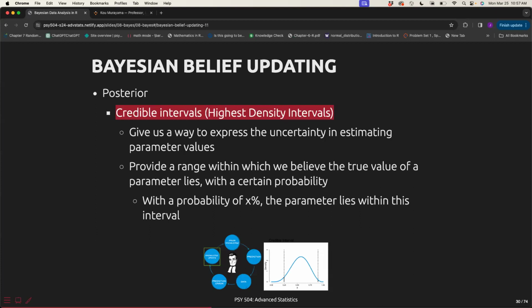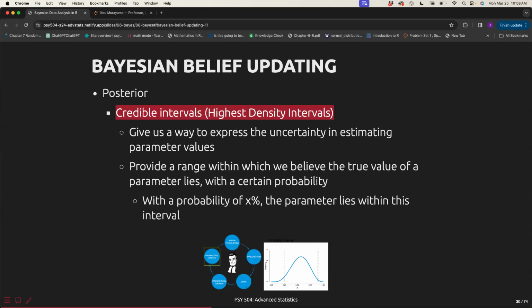So we need to be very careful in how we define confidence intervals. With confidence intervals, we're taking hypothetical samples, right? So we can think of an infinite number of samples, and 95% of the time, the parameter is going to lie within that interval, right? So what's important is that we're talking about hypothetical samples from a population.